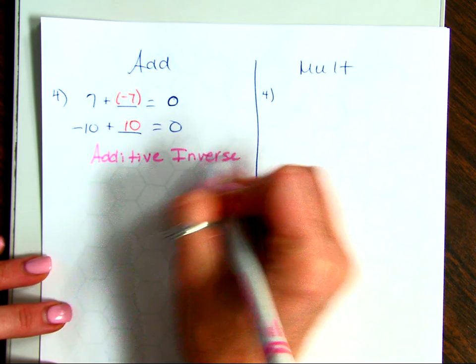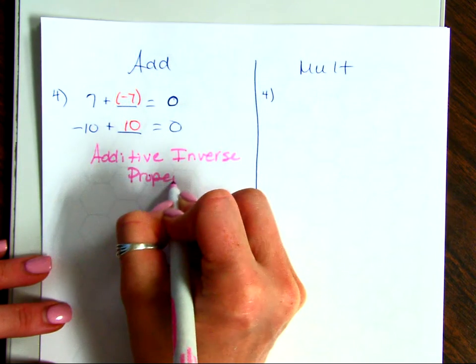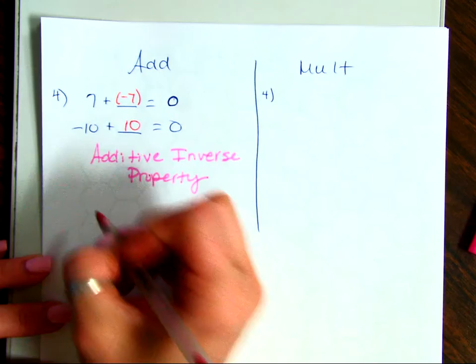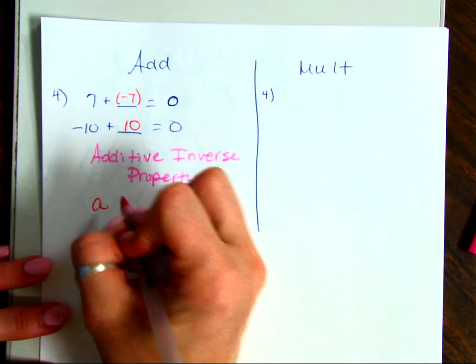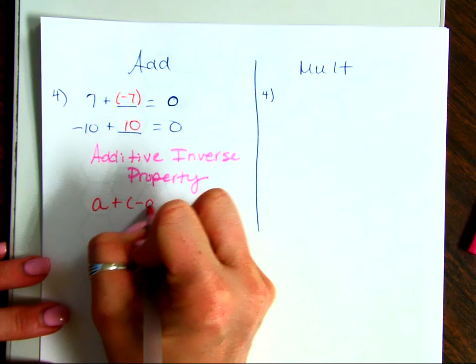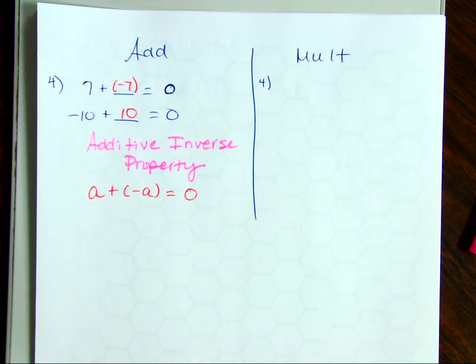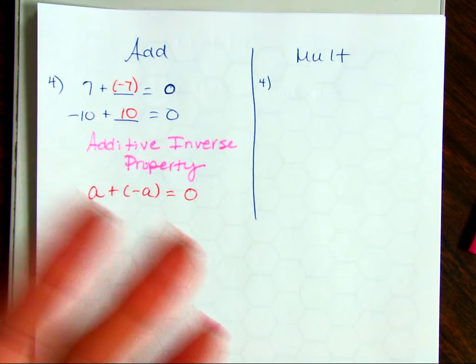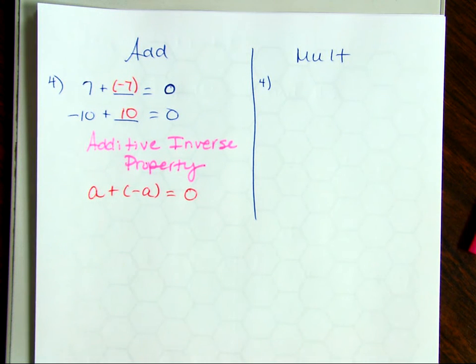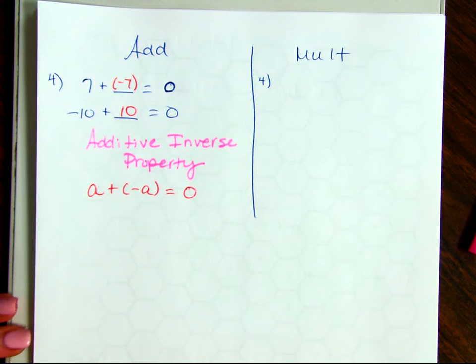So the additive inverse property says, take any number, add the opposite of that number, and every single time without fail, you will get a sum of 0. Add 2 opposites, your sum is 0. You knew that. You canceled out tons of equations last year with this property. Okay, you may not have known that's what the name of it was.